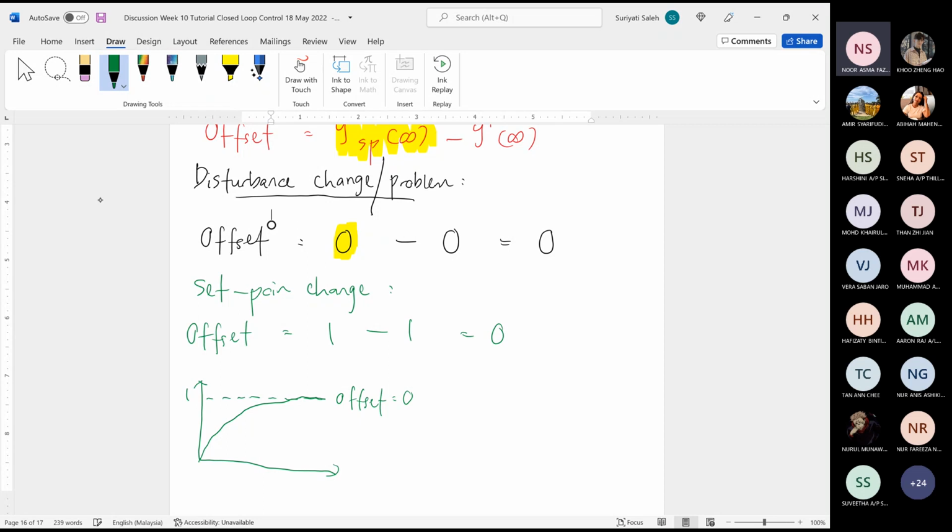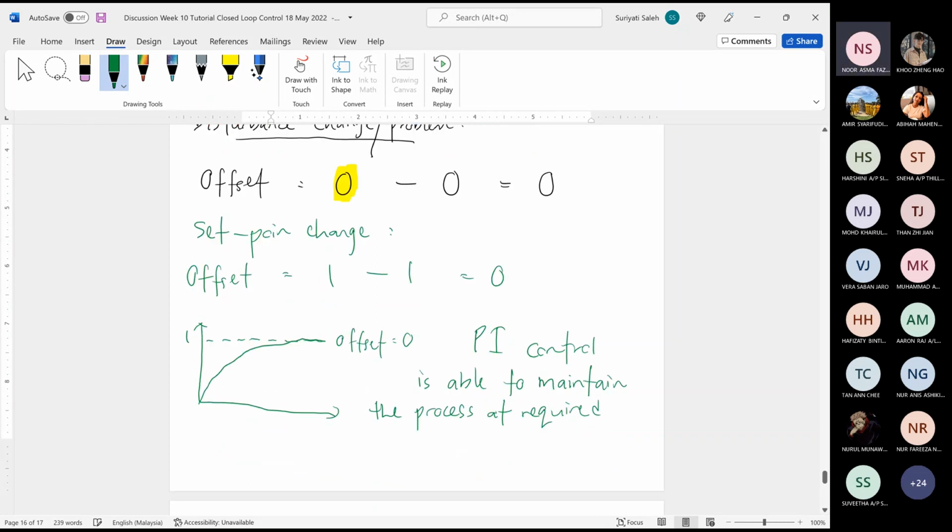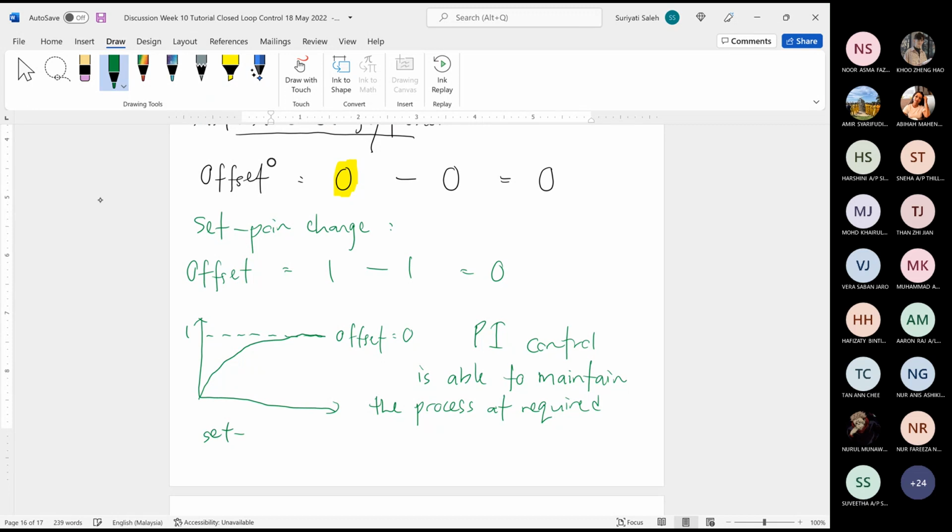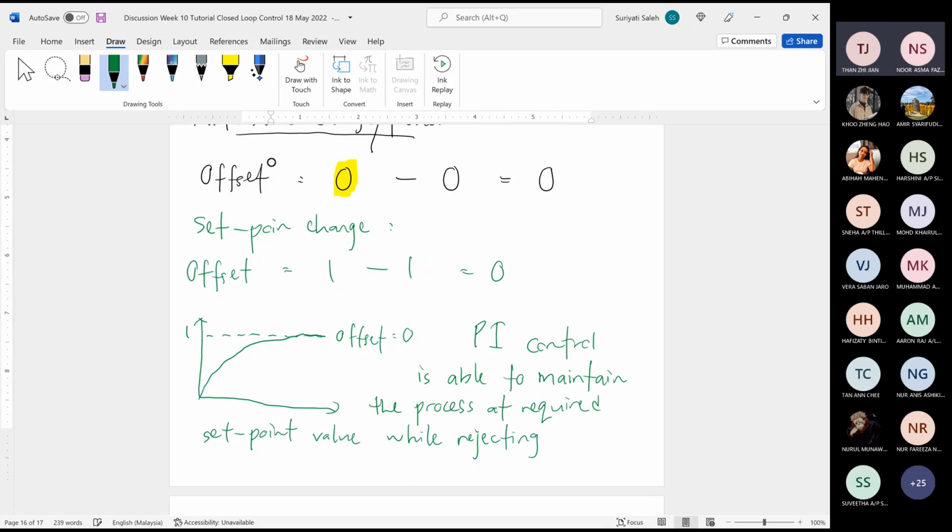So this indicates that the PI controller is able to maintain the process at the required set point value while rejecting any disturbance.